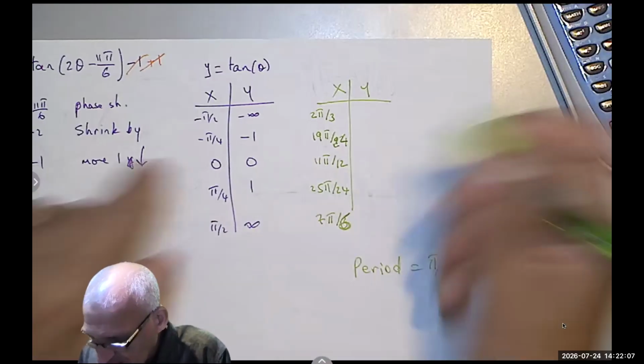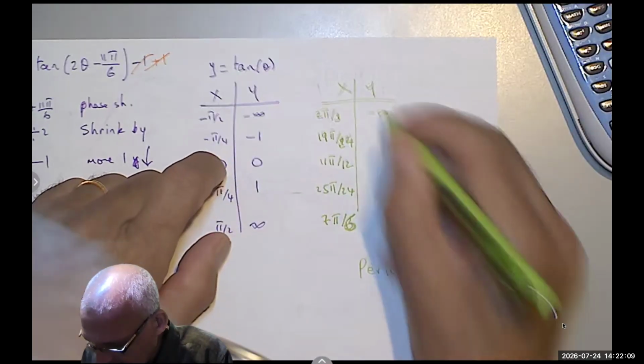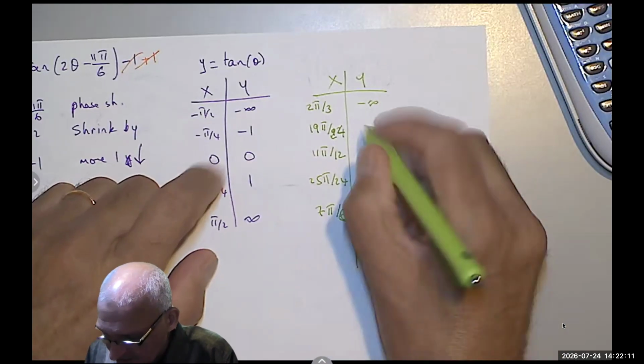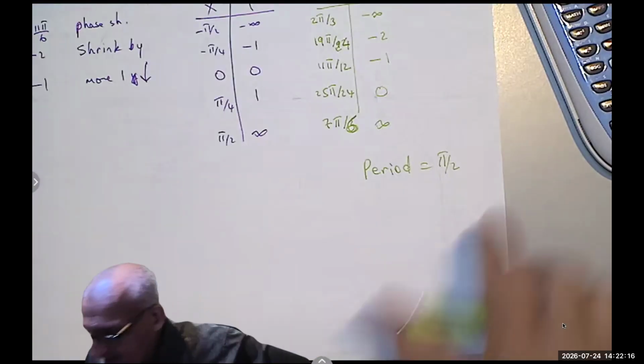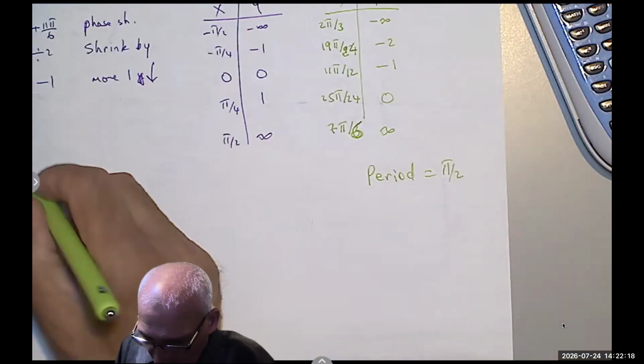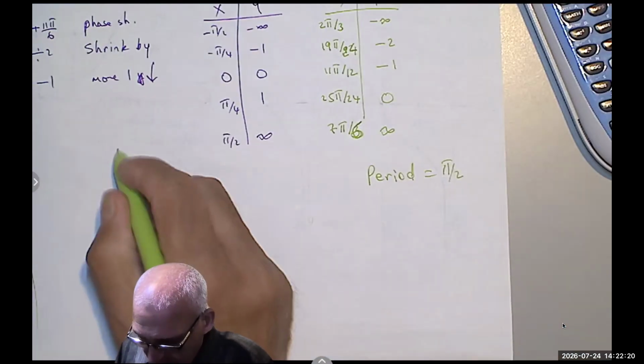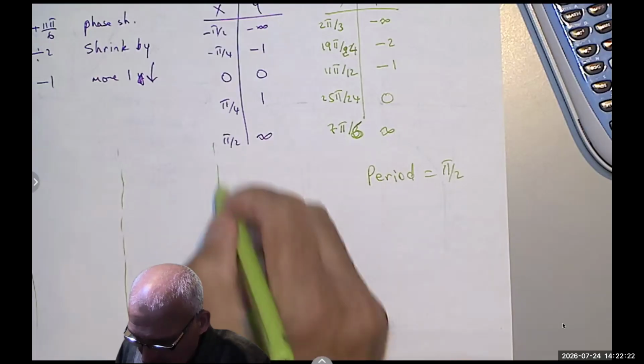So you subtract 1. This would remain negative infinity, and that would remain infinity. This would be negative 2, negative 1, 0. And now we can draw like 5 lines.